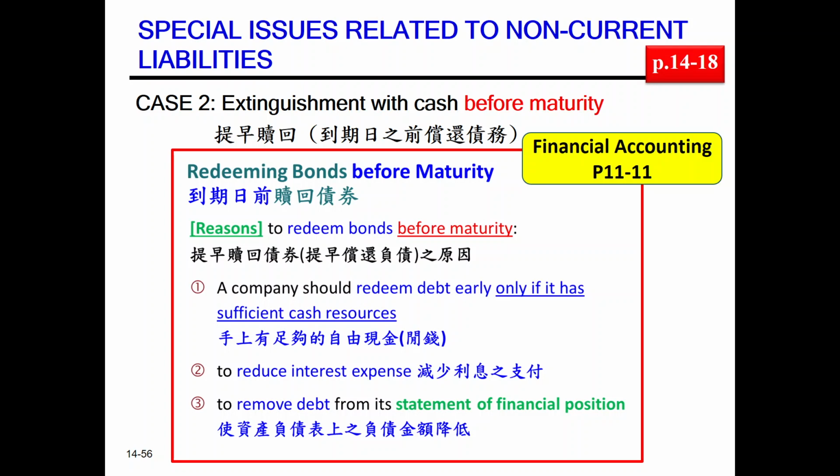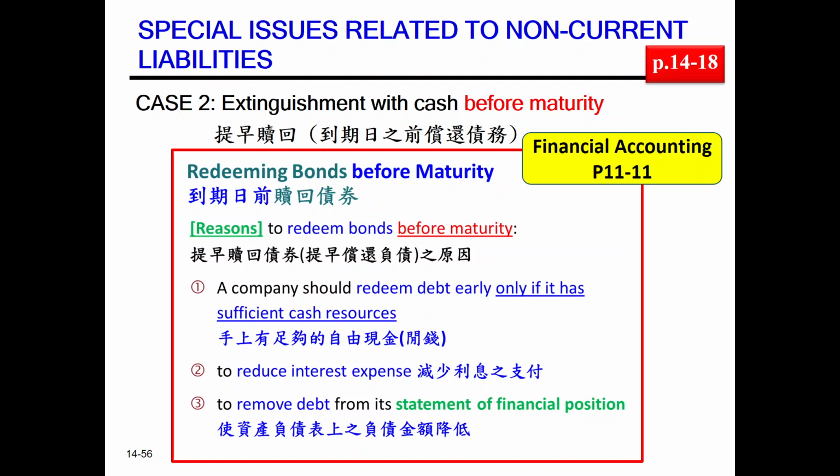So in your financial accounting, we told you why you want to buy your bond back earlier. Of course, first, I have the cash. And for the cash, I don't know where to use my cash. Okay, since I have too much money, I don't know where to spend my money, then okay, I decide to pay back my debt.